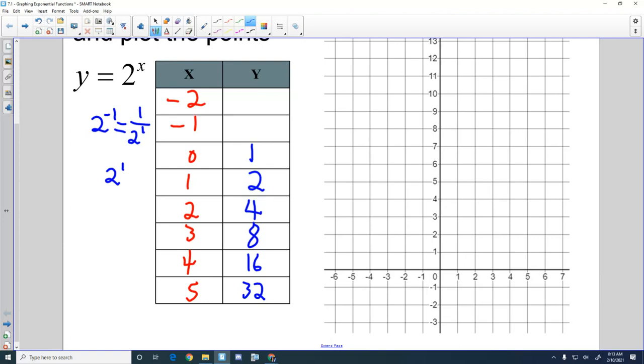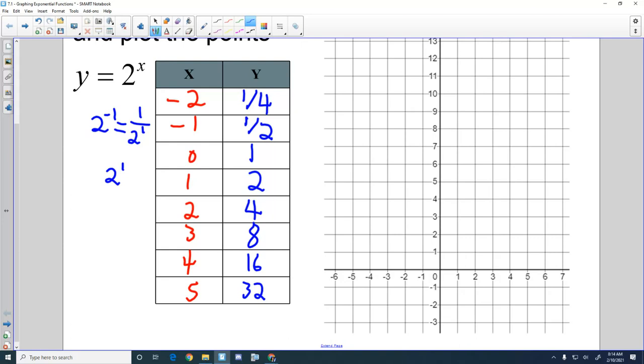So we'd write 1/2. And look, that also does fit our pattern of dividing by 2 every time. 2 divided by 2 is 1. Isn't 1 divided by 2 1/2? And what do you get when you divide 1/2 in half? Yeah, half of a half is just 1/4. And so 2 to the -2 is actually 1/4.